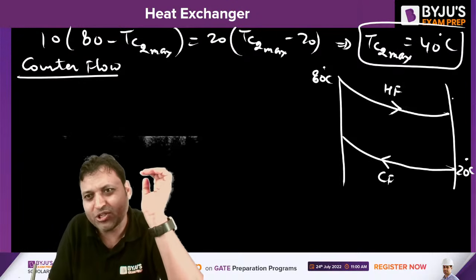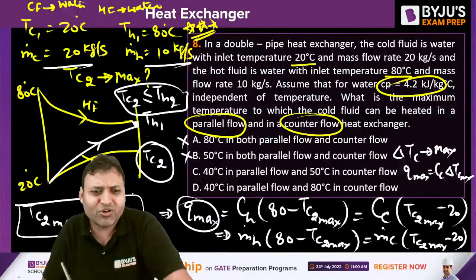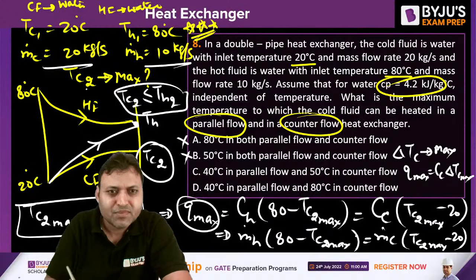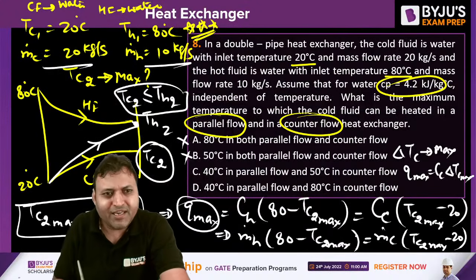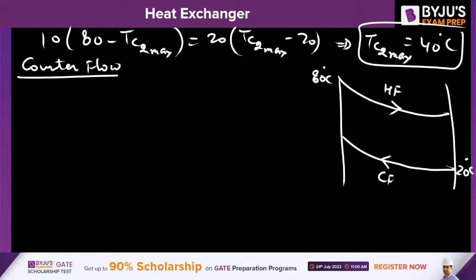This is TH2. TC2 maximum should be TH2 in parallel flow. In parallel flow, TC2 maximum is equal to TH2. Can you tell for the counter?